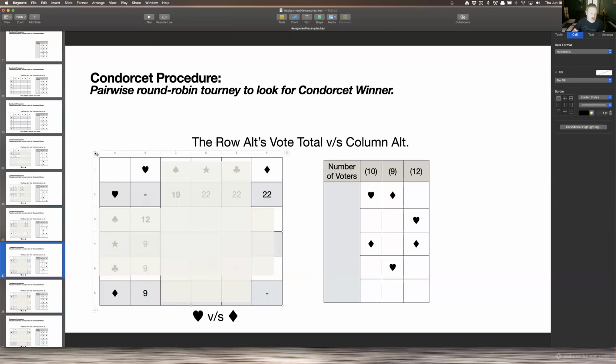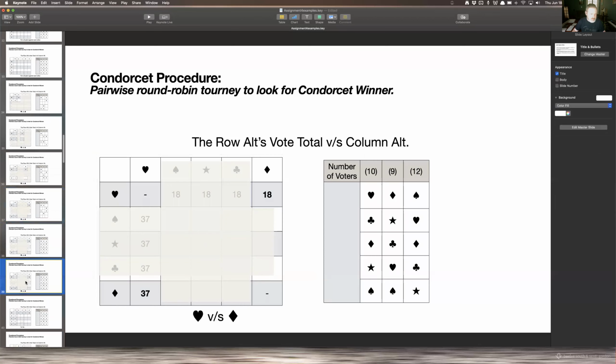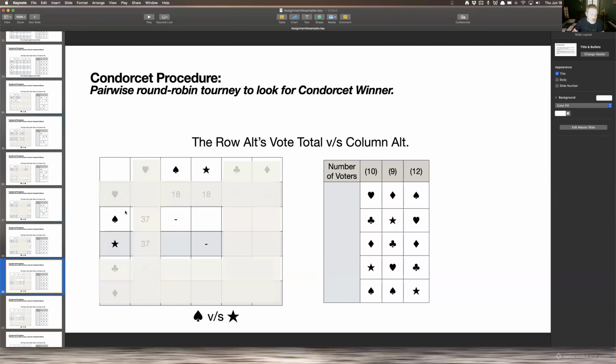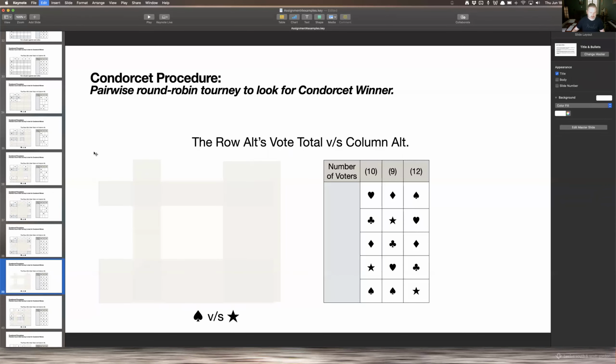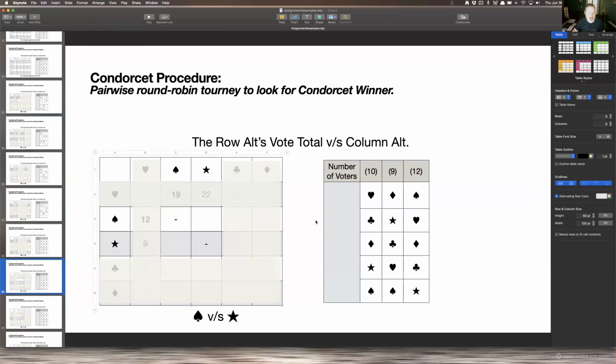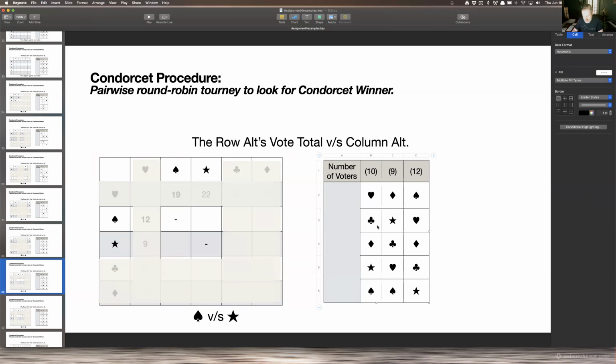So far, those are the pairwise comparisons that we have done. Let me get rid of a few. And now we have this one: spades against stars.